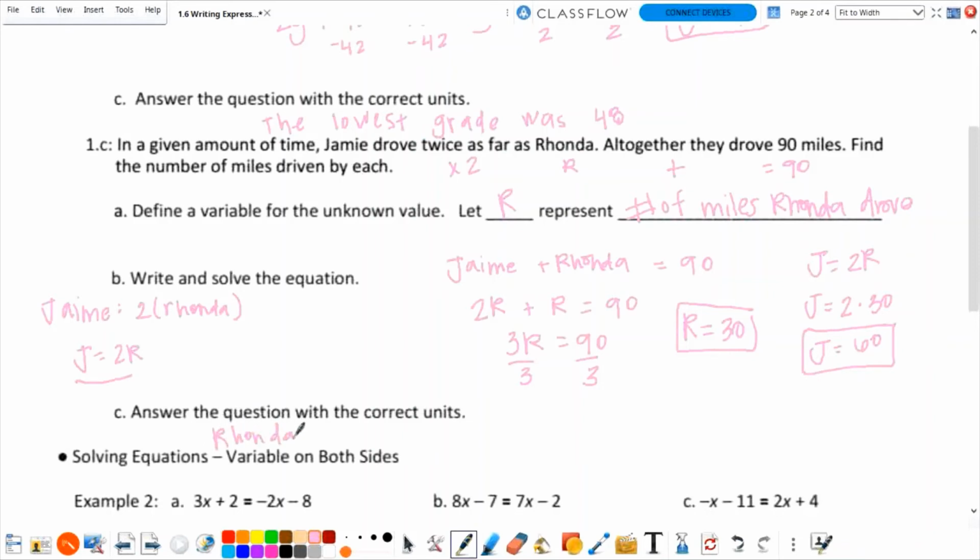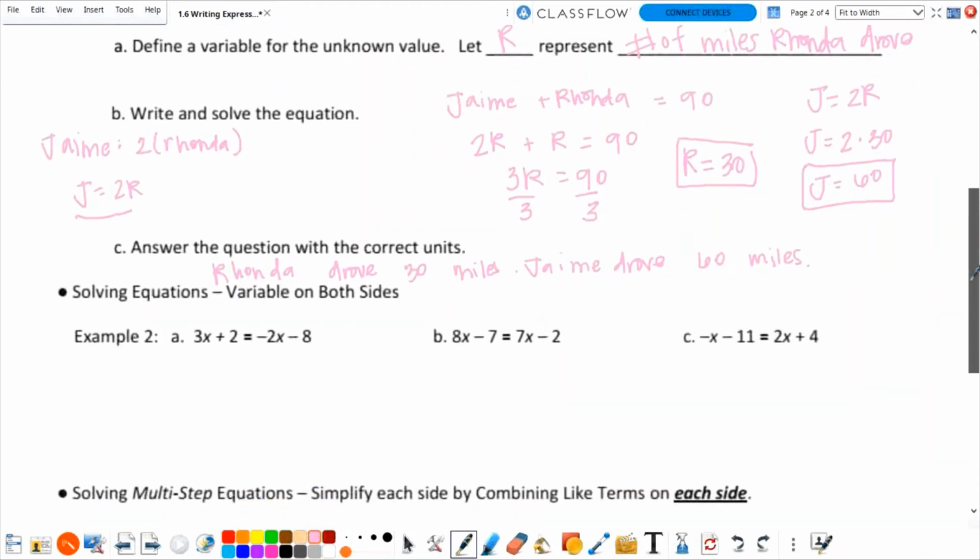Rhonda drove 30 miles. Jamie drove 60. Making sure you're writing miles on there. The units are really important, okay? So Rhonda drove 30 miles and Jamie drove 60 miles.